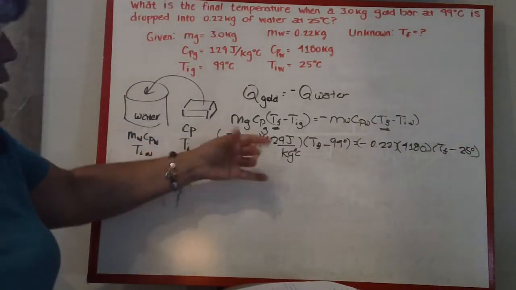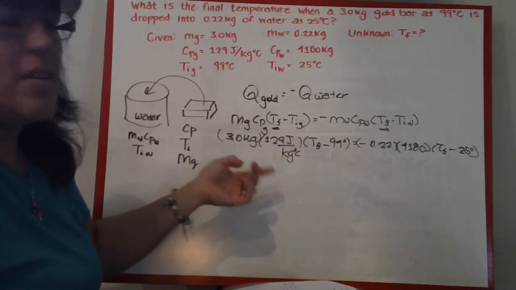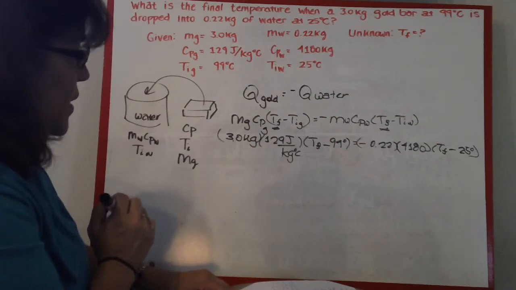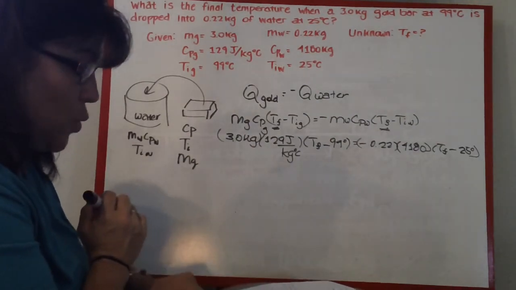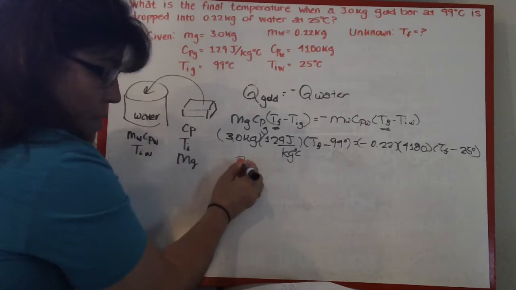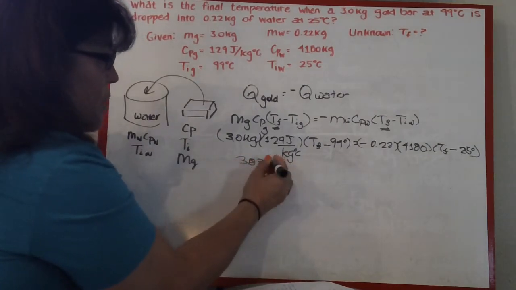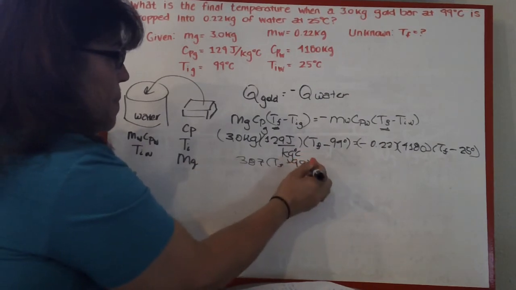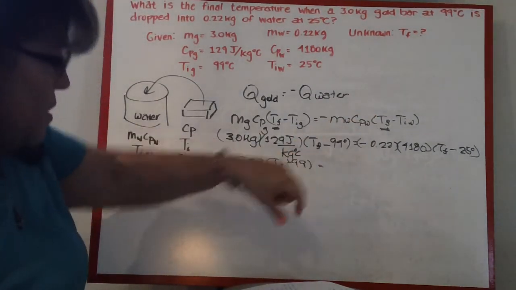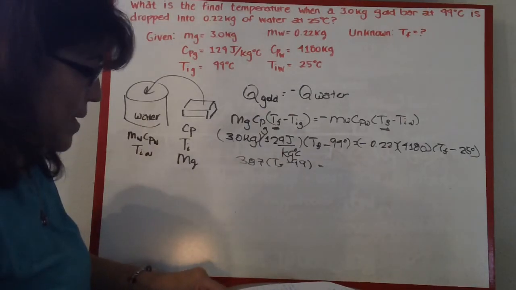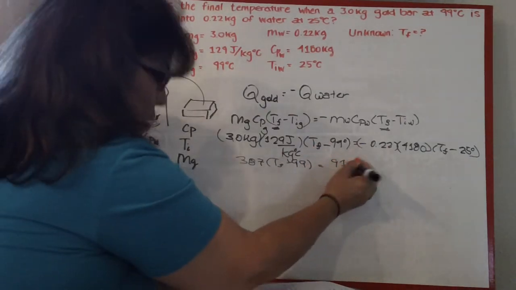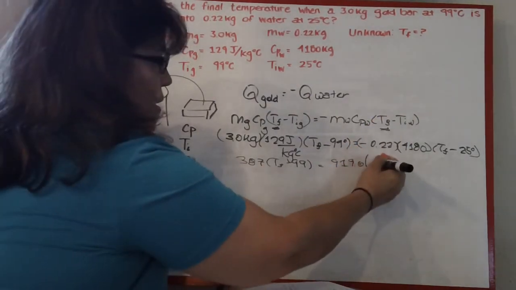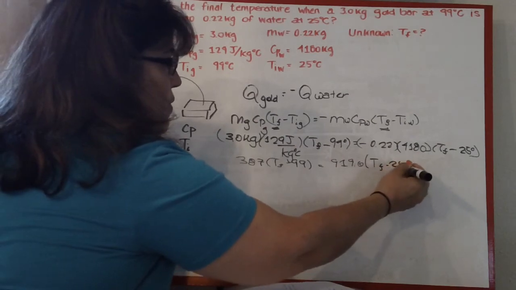Okay, so if we figure this out, this is just going to be heavy in math, but if we figure out the numbers here, we multiply 3 times 129 and we end up with 387. We still have T final minus 99, and that's going to equal 0.22 times 4180, which is 919.6, times TF minus 25.